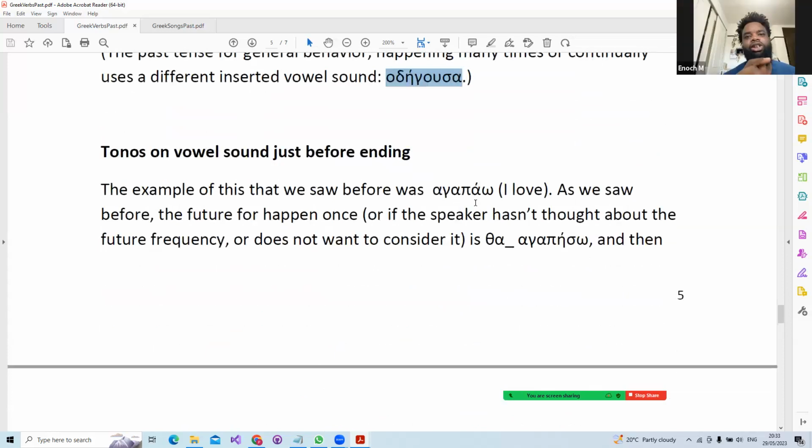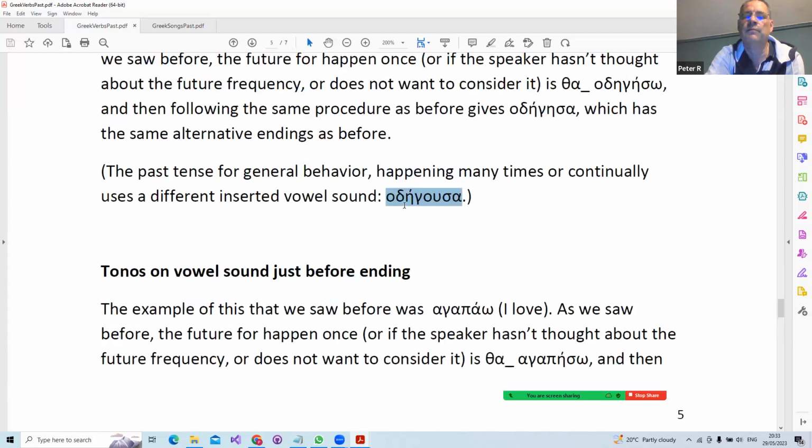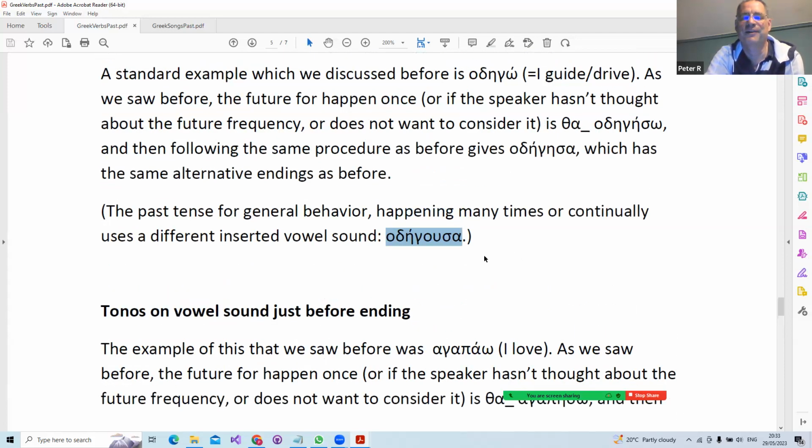Sorry, could you say that word again? This one here highlighted? Yes, please. Hold on, I'm just getting myself ready. That's fine. This one's οδήγησα.